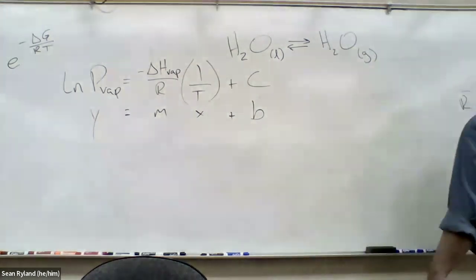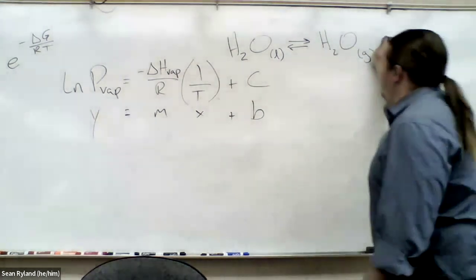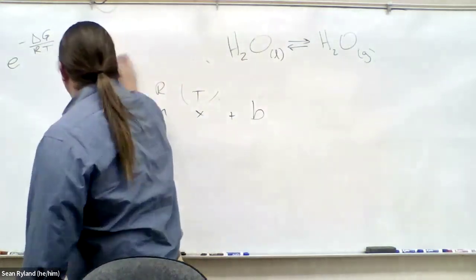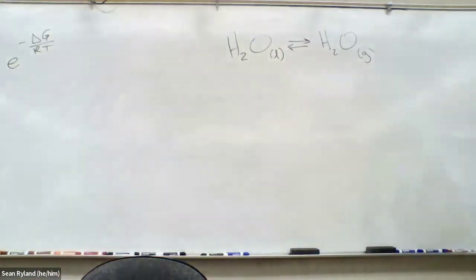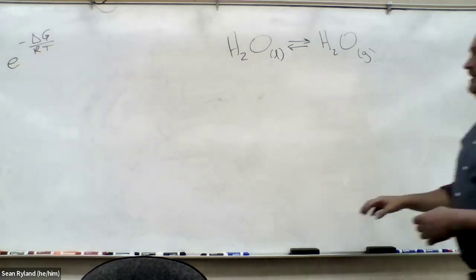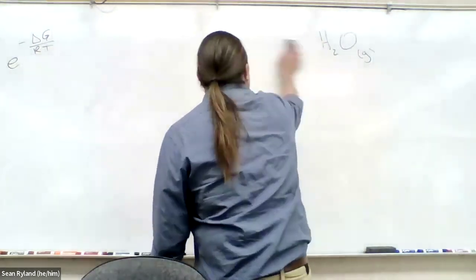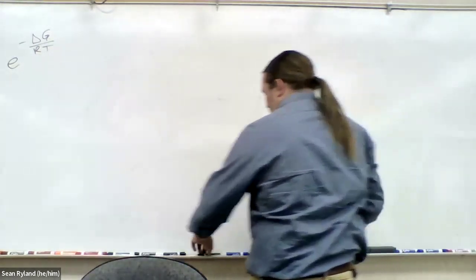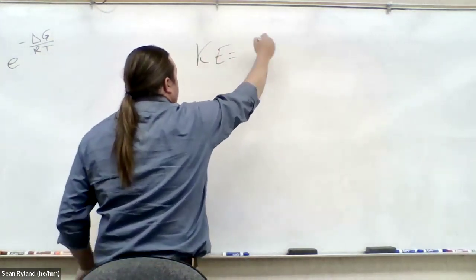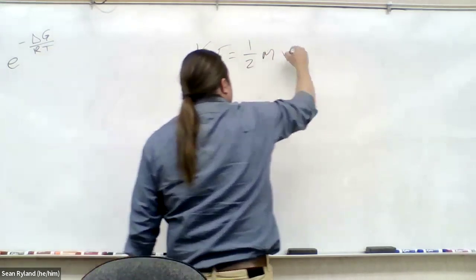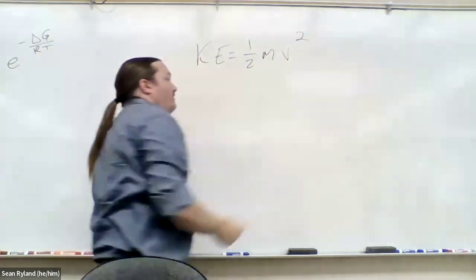All right. Last topic on gases. It's going to come back to thermodynamics and probability again. If we're talking about a discrete object in physics, we can calculate the kinetic energy of that object by using the kinetic energy equation, which is just 1/2 mass times velocity squared.